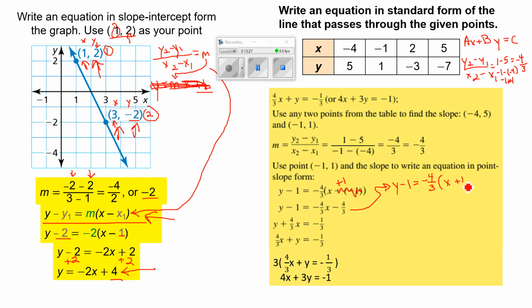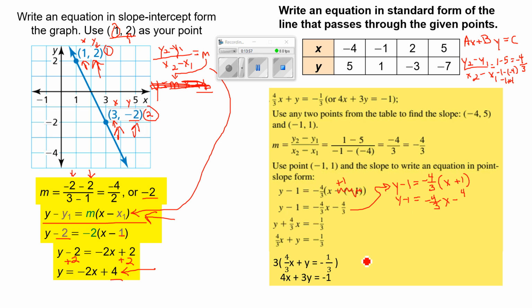And I'm going to show you how they came down here and got this. They multiply this across, and that gave them y minus 1 is equal to negative 4 over 3x minus 4 over 3. Oh, I'm sorry, they already did that part here.